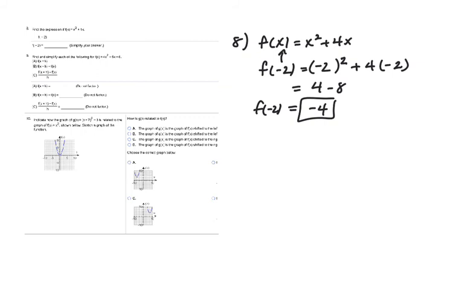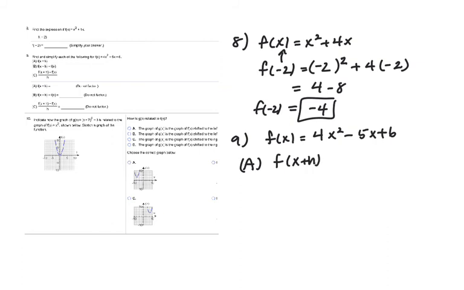Okay, let's look at number 9. Number 9 says to find and simplify each of the following for f of x equal to 4x squared minus 5x plus 6. For part A, we want to find f of x plus h.